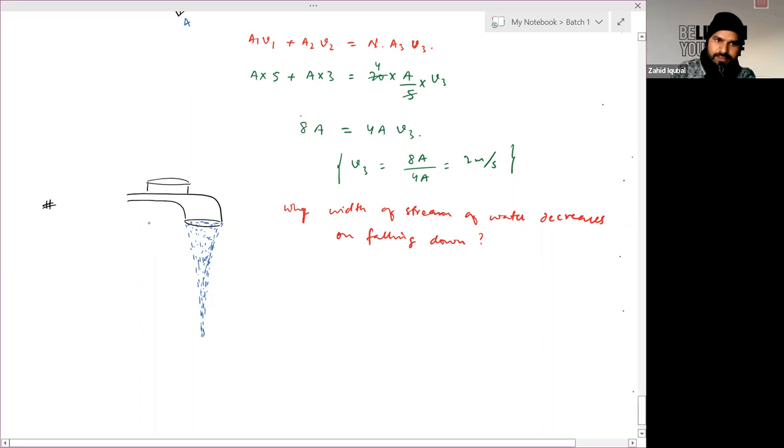Suppose this particular position to be initial position. So on falling down, this liquid may attain or may go through some height. So on falling down through this particular height, the velocity will increase or decrease.